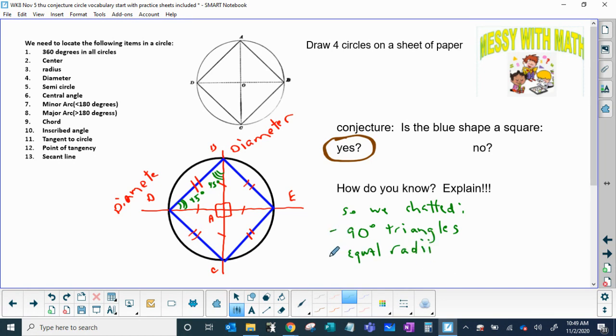We came to the conclusion that the blue sides were equal.